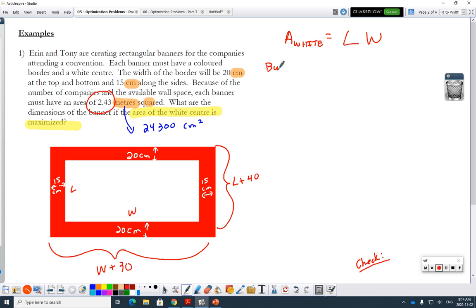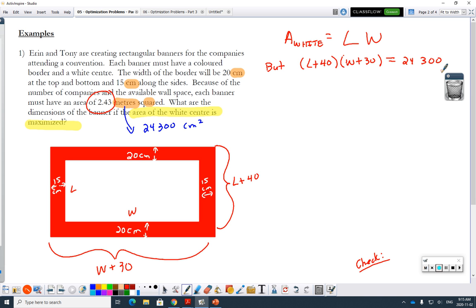But L plus 40, I said 40 and then wrote W because I was already getting ahead of myself, times W plus 30 has to equal 24,300. That's the constraint that I have to deal with in this situation.